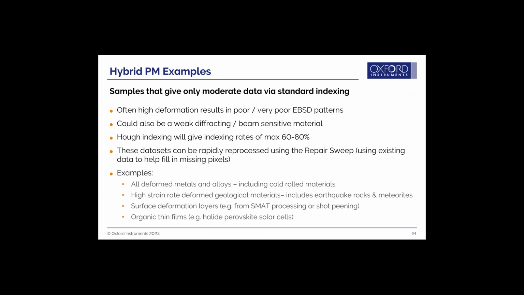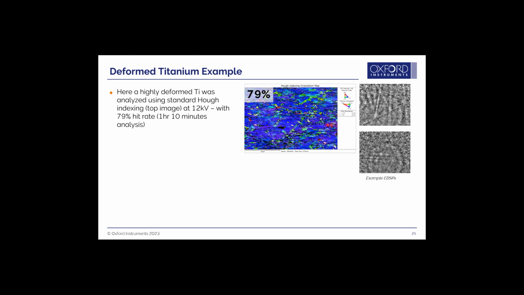Things like this, again, deformed metals and alloys. This goes back to some of the samples from DTM, but maybe the amount of deformation isn't quite as significant, and you have a starting point. The good example was that deformed titanium that I just showed previously, and I think I said 75%. There it is, 79% was what we got.